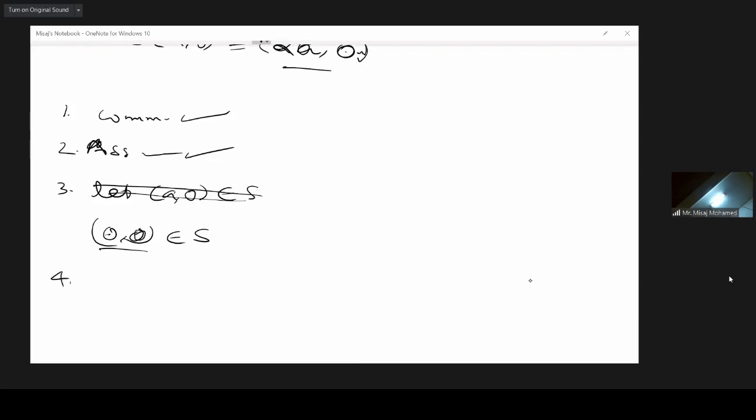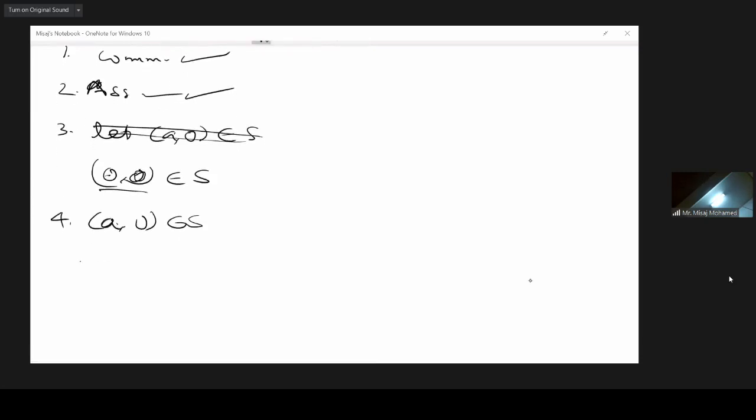The fourth one is additive inverse. Additive inverse is if a comma 0 is any element of S, minus a comma 0 also in S. Is it correct? a comma 0 is in S as well as minus a comma 0.